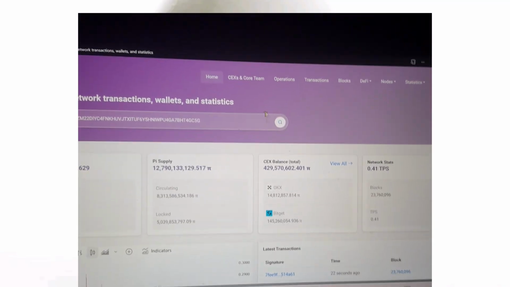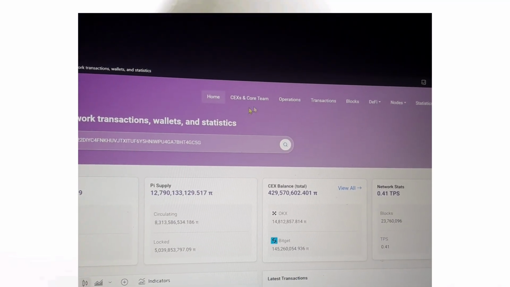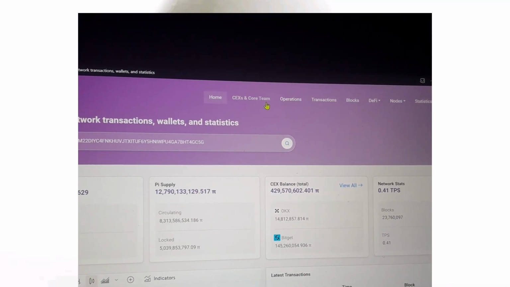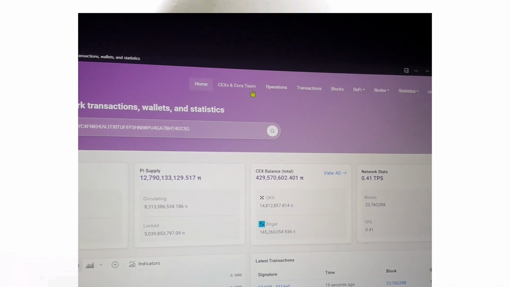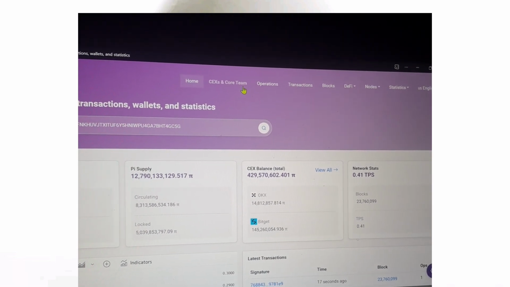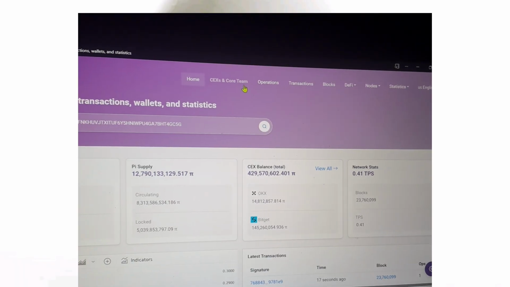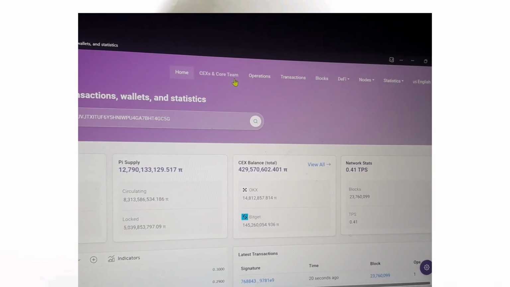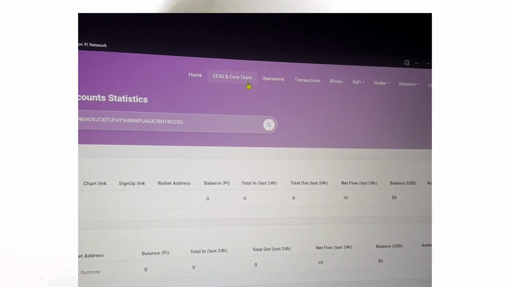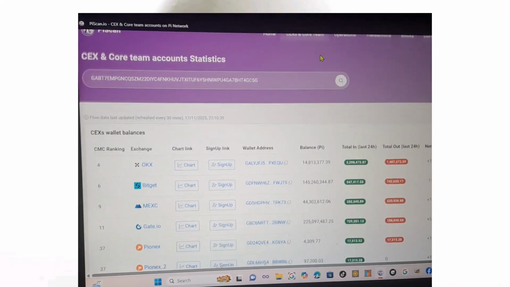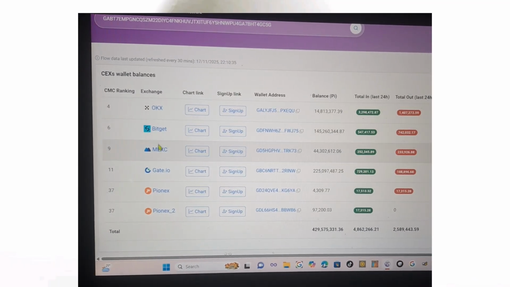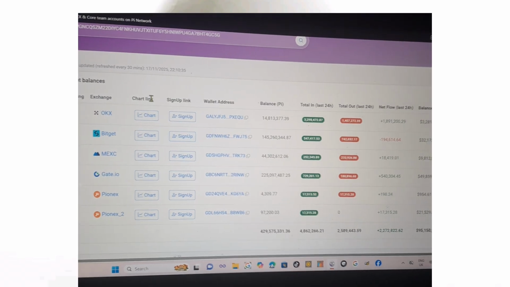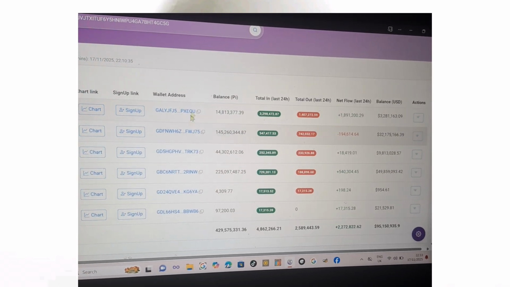Now up here we have the CEX and core team. So here are the balances, all the wallets for CEX exchanges like Bitget and others, and also the Pi core team wallets and the amount of Pi they have, the inflow, the outflow. So we have the CEX wallet balances like for OKX, Bitget, Mexi, Gate.io, and we have their wallet addresses here.